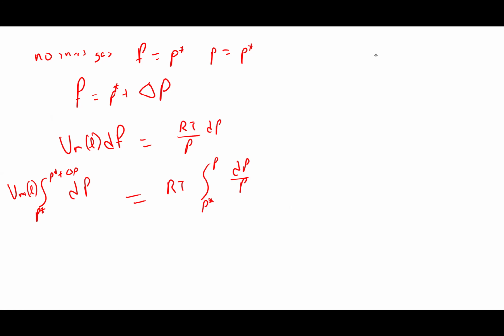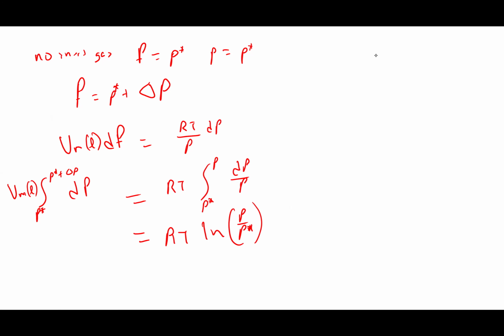Now we can rearrange things to different sides. If we do this side, it would be RT, and this integral becomes the natural log of P over P naught, or the normal vapor pressure. That one's pretty easy.